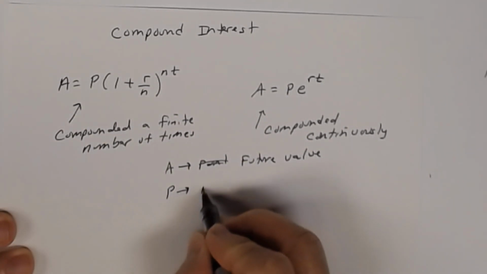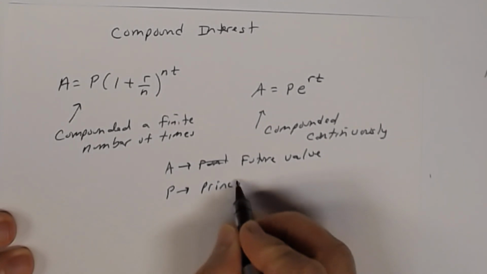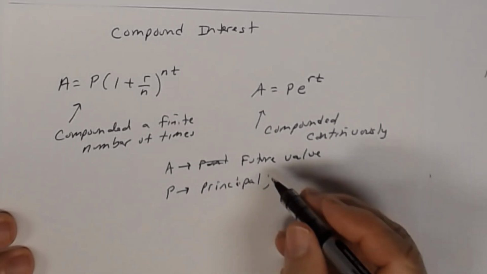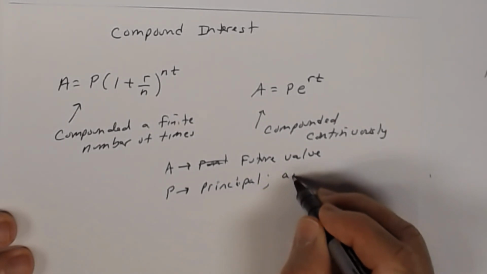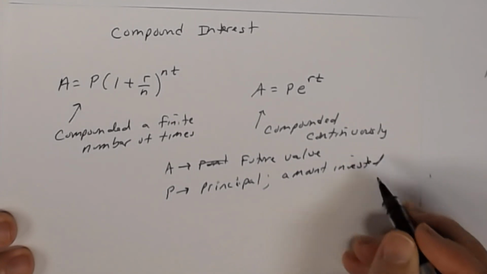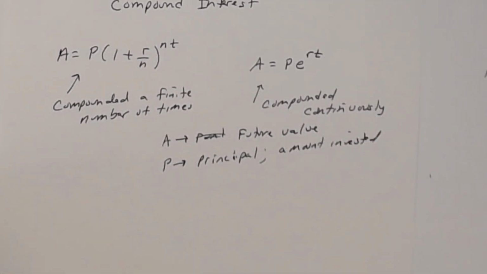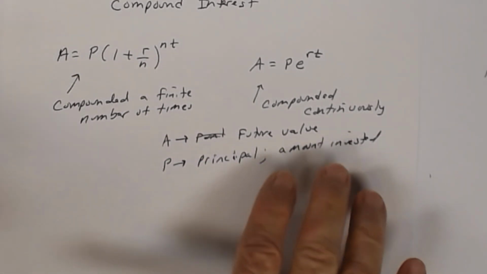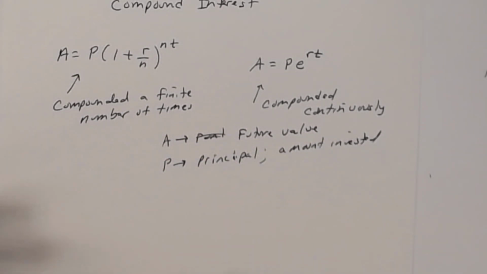P is the principal, or you can also think of it as the amount invested. And remember, in previous application problems, P was the initial amount invested.